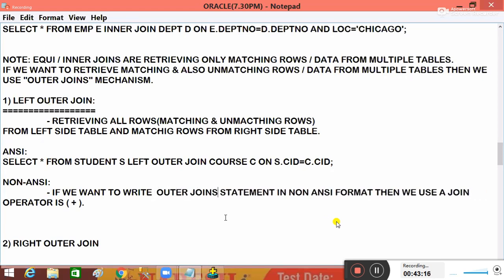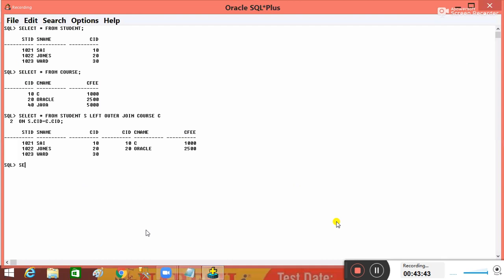Whenever you want to write outer join statements in non-ANSI format, we use the join operator called plus. With the help of this operator only, we can implement non-ANSI outer joins. Now observe how it is used.